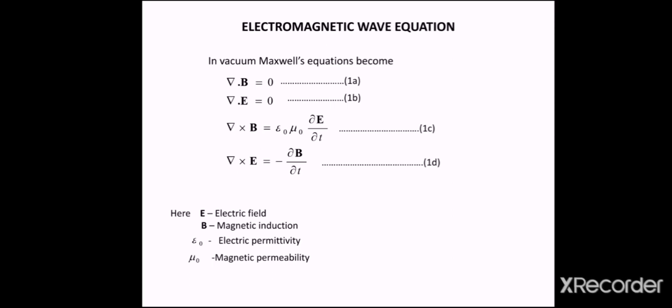So Maxwell's equations in that case will be: del dot B equal to 0, del dot E equal to 0, del cross B equal to epsilon 0 mu 0 ∂E/∂t, del cross E equal to minus ∂B/∂t. Where E is the electric field, B is the magnetic induction, epsilon 0 is the electric permittivity and mu 0 is the magnetic permeability.